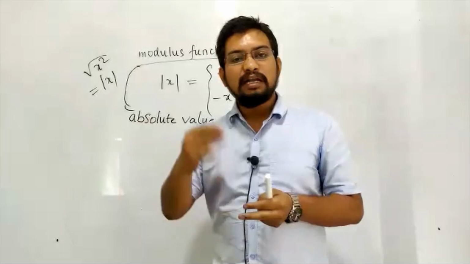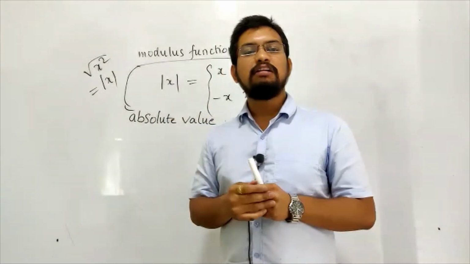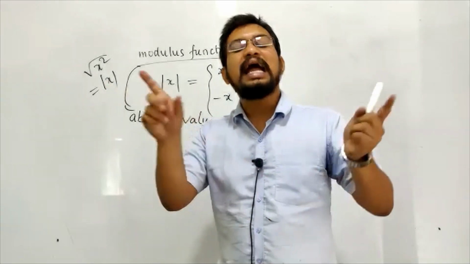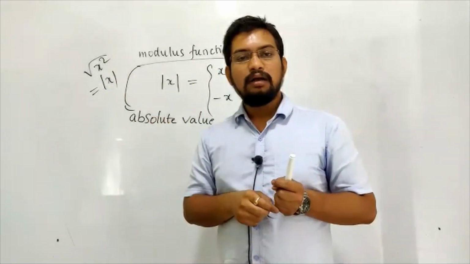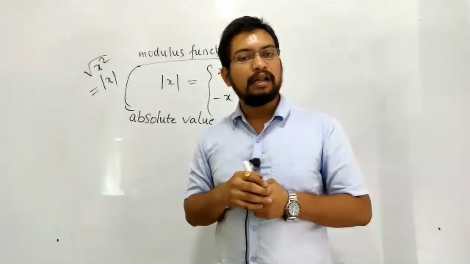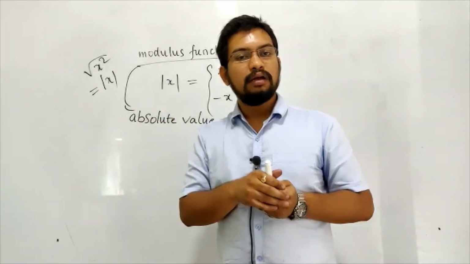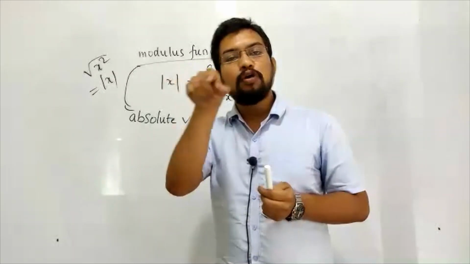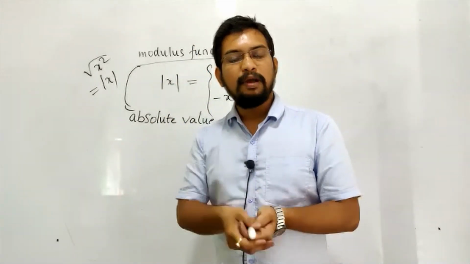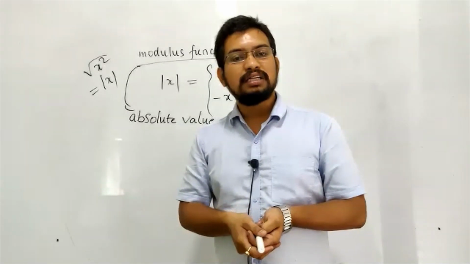Modulus, for example in physics also, in mathematics also, you'll be studying vectors. Modulus of a minus b. Modulus stands for magnitude. Or for example, something like under root of (x2 minus x1) whole square plus (y2 minus y1) whole square. Always for that root, you will be writing it as a positive value, because you are treating it as a distance.